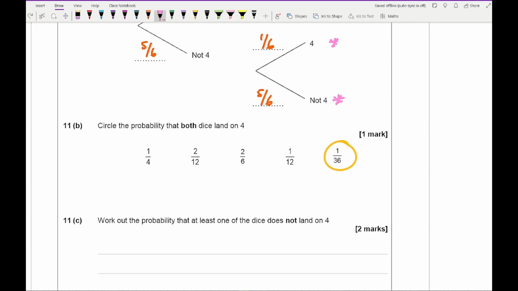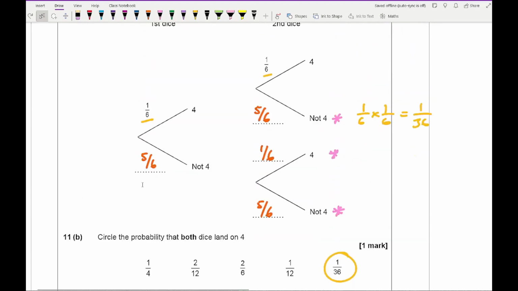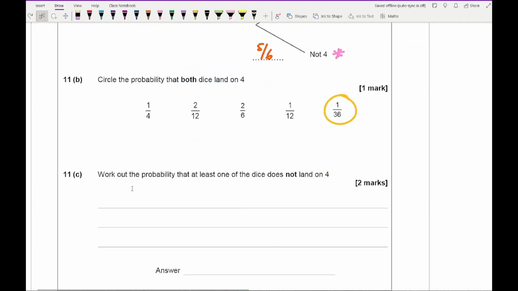So here we could have, well, along the first branch, that's 1/6 times 5/6 plus 5/6 times 1/6 plus 5/6 times 5/6.